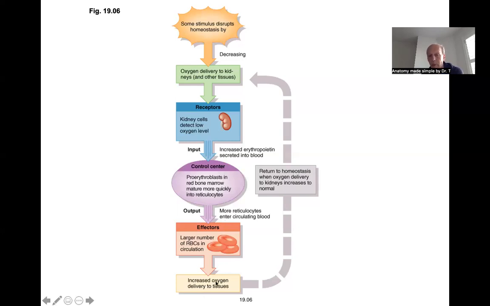And as tissues become properly and fully perfused and given a sufficient amount of oxygen, this brings the condition back to homeostasis. At that point, the negative control loop will interrupt this cycle, because we do not need to overflood the system to make it, instead of 5 million, 7 million red blood cells.